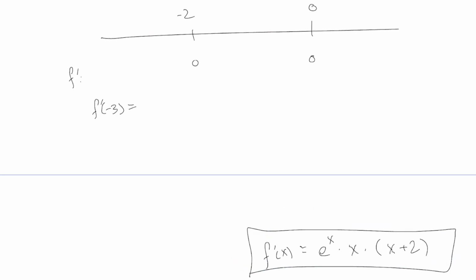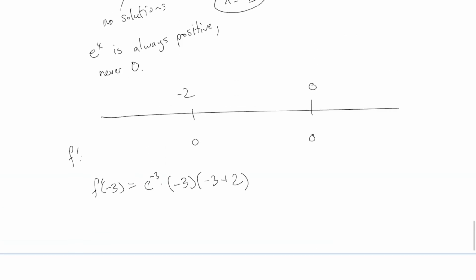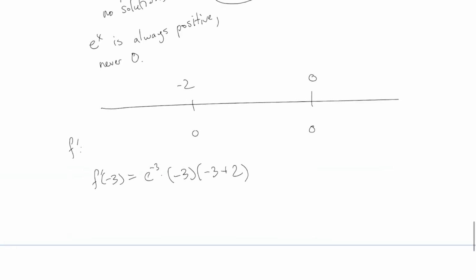f prime of -3. Plugging into the box, it says e to the -3 times -3 times -3 plus 2. I'm replacing x with -3. And then what are the signs of each of those parts? What's the e to the -3? Is that positive or negative? It is positive because I just said a moment ago, e to the x is always positive no matter what the x is.